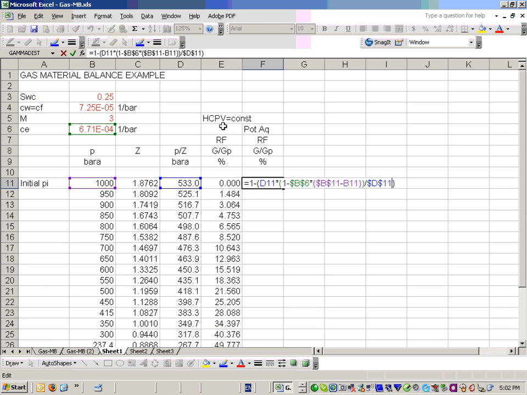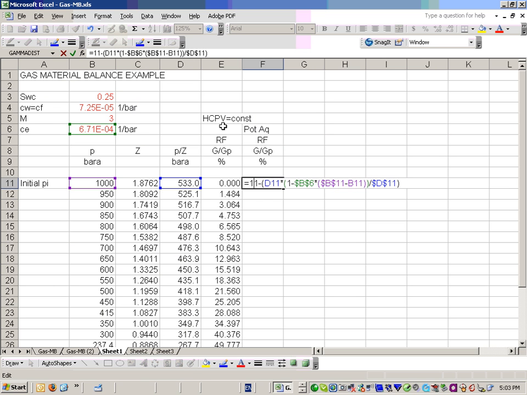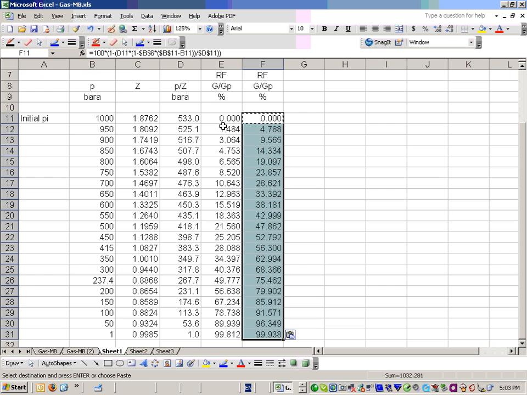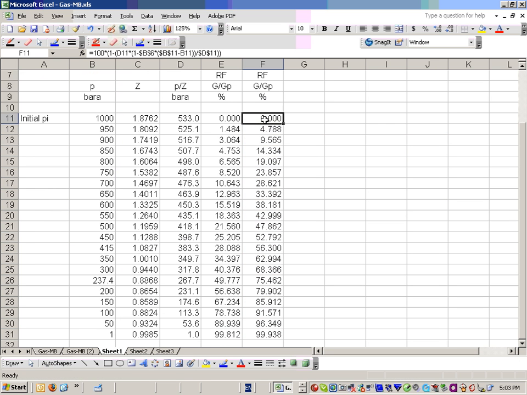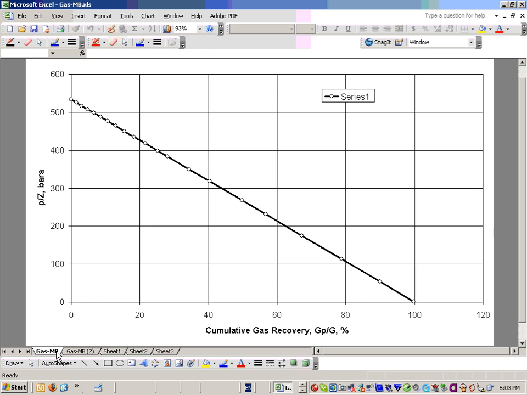That parenthesis gets us there, and that parenthesis there, and then we'll make it into a percentage, 100 times parenthesis. Okay, so now we've got the recovery for the pot aquifer.